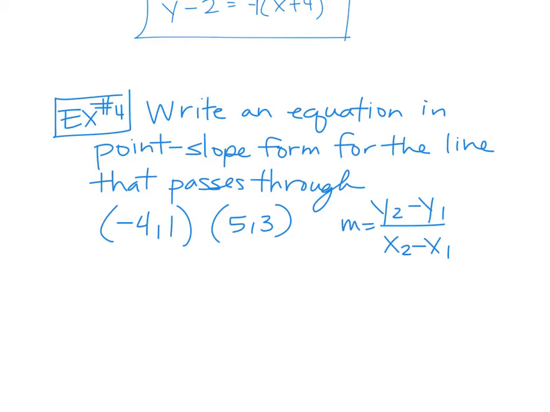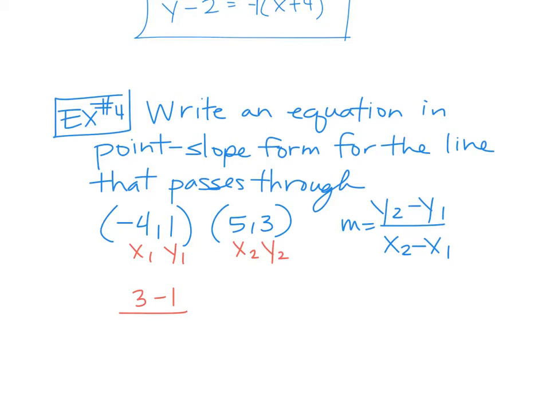So I'm gonna take this and I'm gonna put it into that formula where this is my x1, y1, and this is my x2, y2, okay? Plug that in for me. Y2 minus, give me numbers. 3 minus 1, 5 minus negative 4. Some of you on the last quiz, be careful with this.